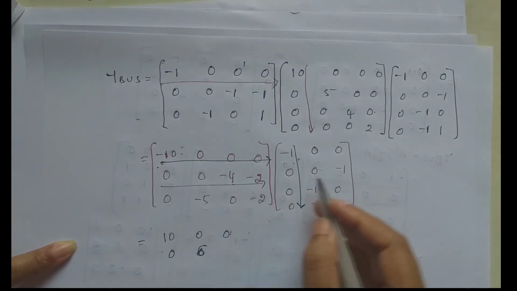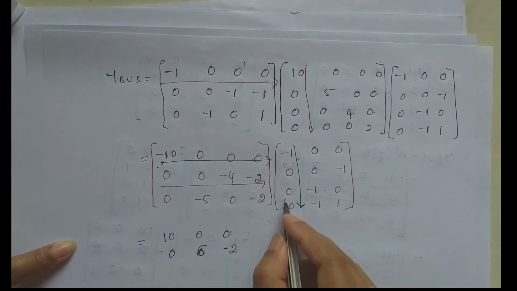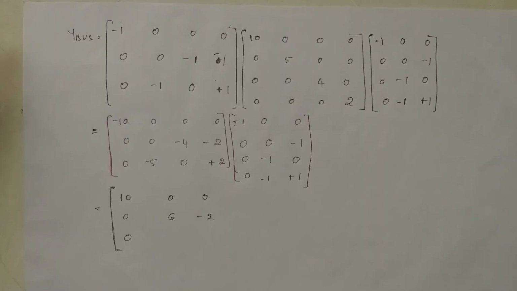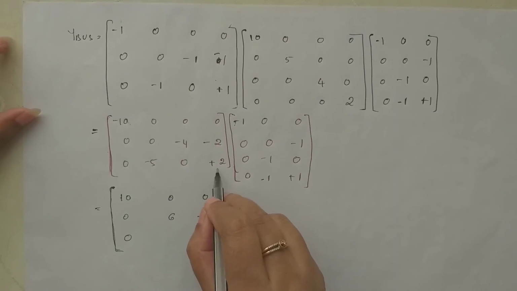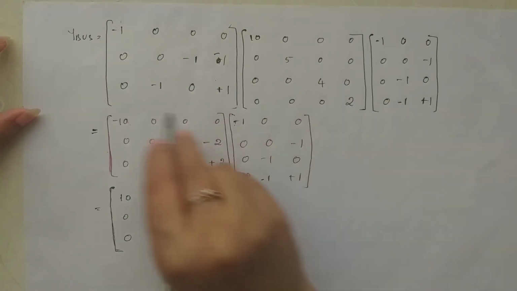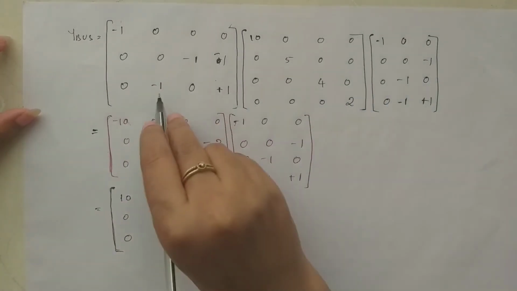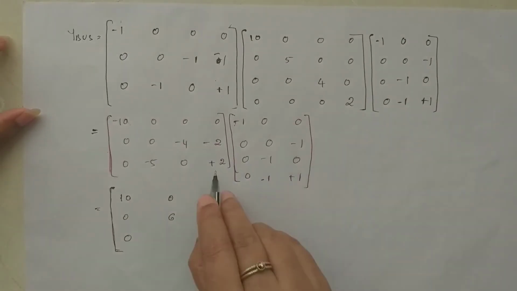Second row with third column is -2. Third row with first column: plus 1 into 2 is plus 2, the rest are 0, so plus 2.